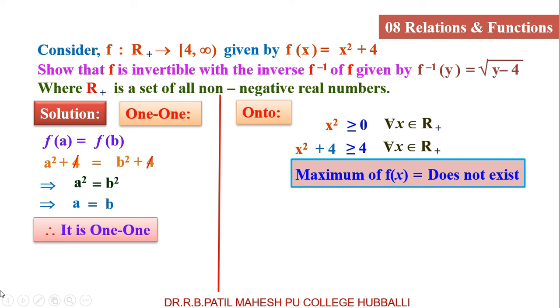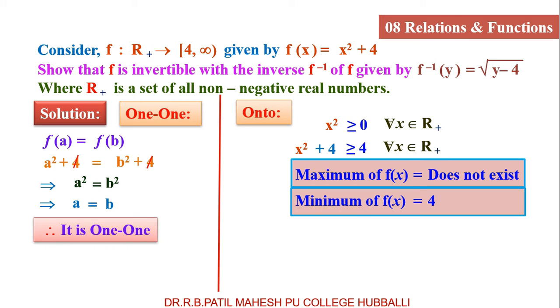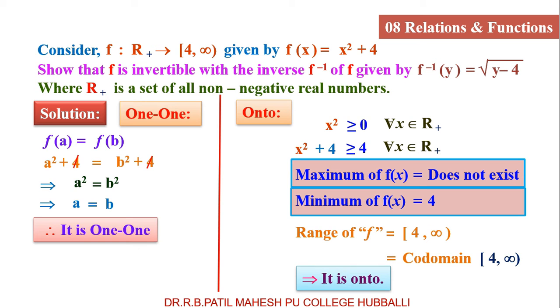But the minimum value of f of x is 4. It means that the range of this function starts from 4 up to infinity. So the range is [4, infinity). What about the codomain? That is also [4, infinity). Hence range of f is equal to codomain. Then the function is an onto function.